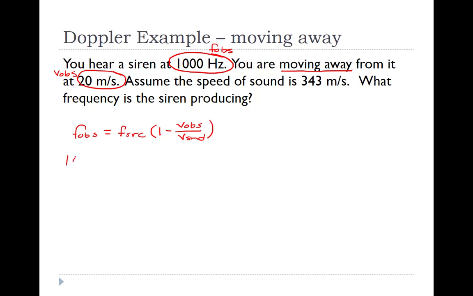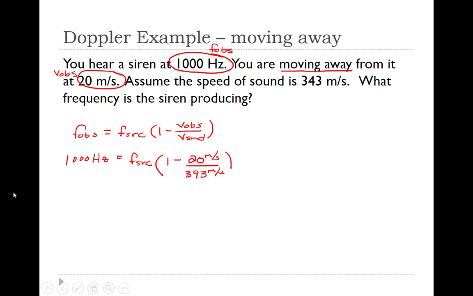I know that the observed frequency, the frequency that is heard, is 1,000 hertz. The frequency of the source is what I want to find. What frequency is the siren producing? And I multiply by that 1 minus 20 meters per second over 343 meters per second.